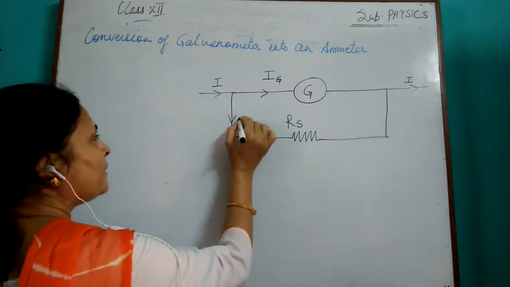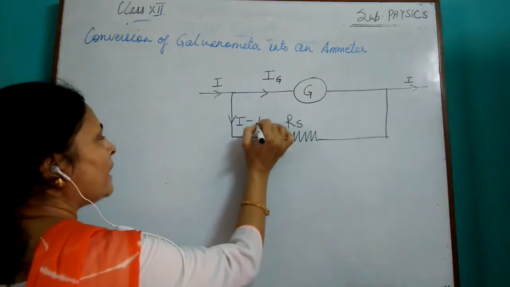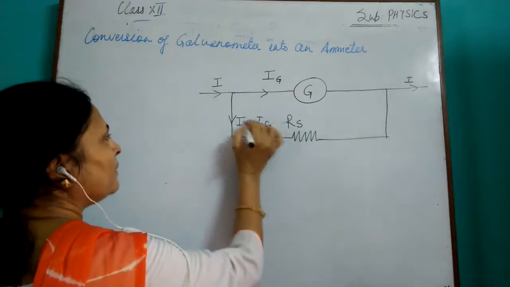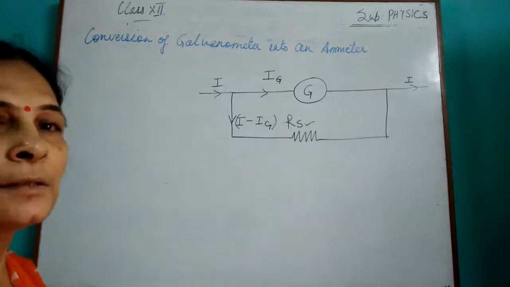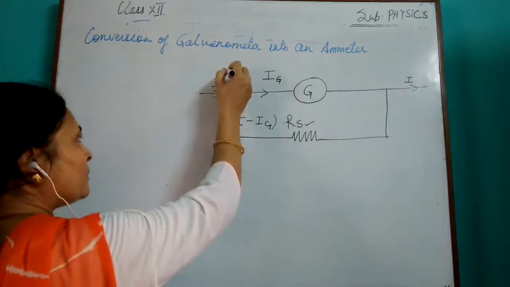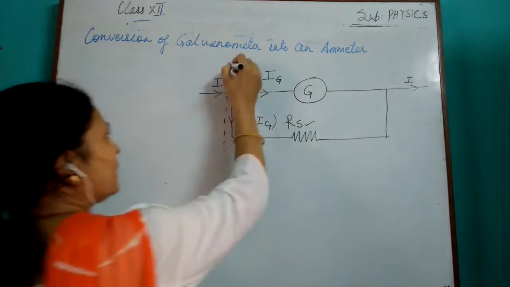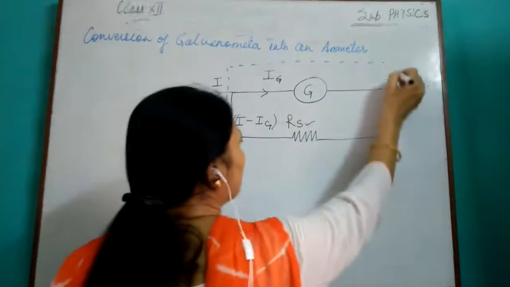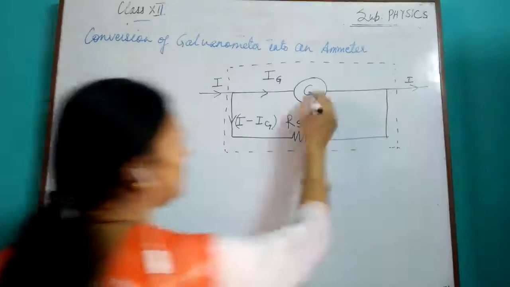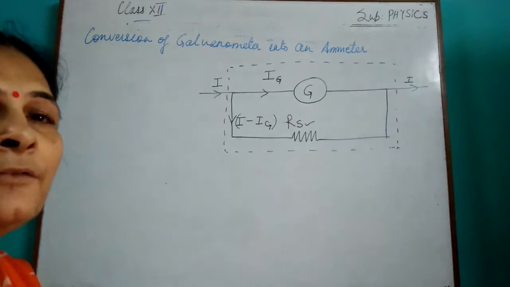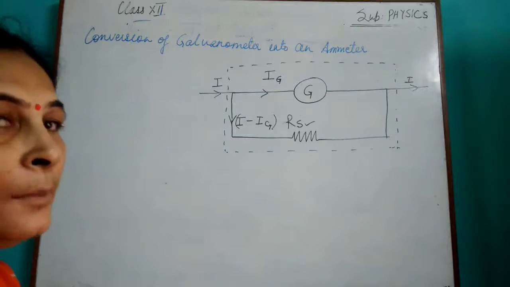Then the remaining current, that is I minus Ig, will flow through the shunt resistance. This combination, a resistance in parallel with the galvanometer, will convert it into an ammeter.